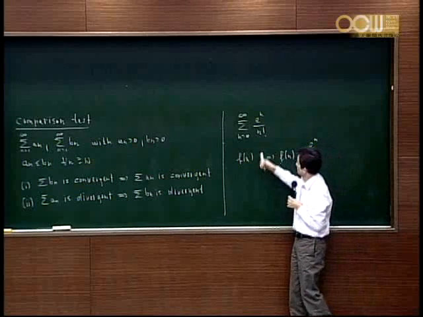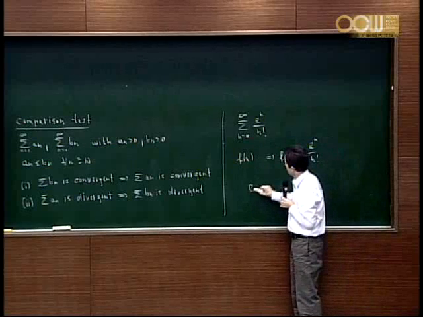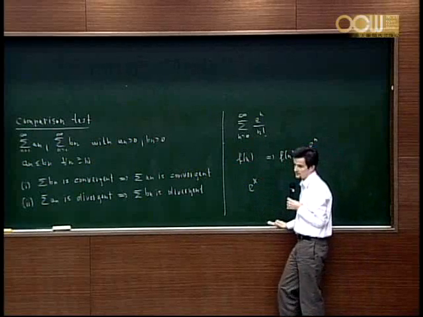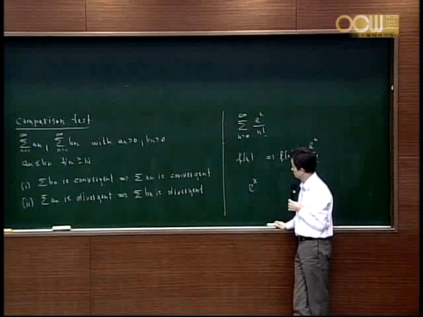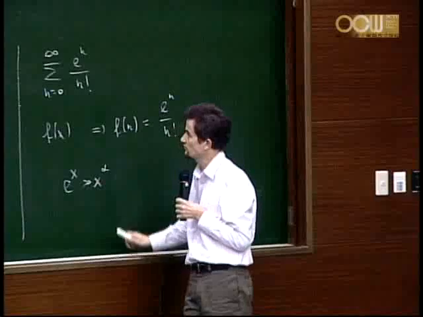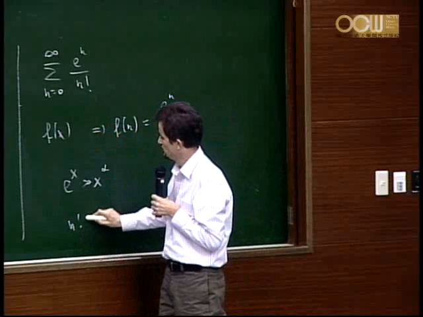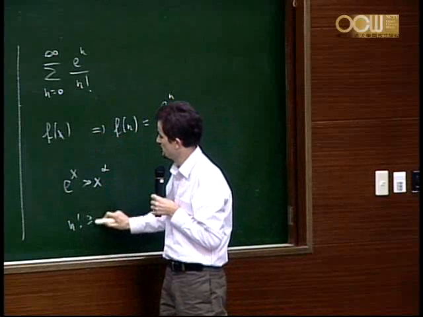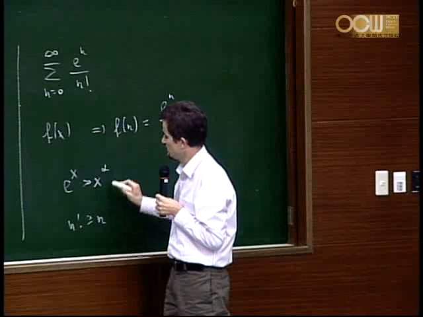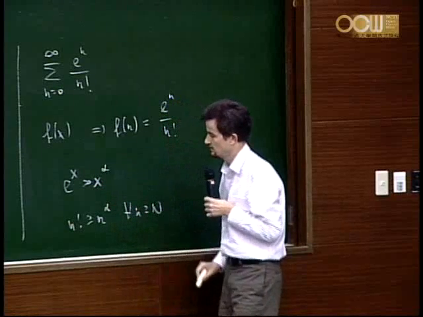We saw last time that a function like e to the x, as x tends to infinity, tends to infinity much more quickly than any power function. The same is essentially true also for the factorial. Normally the factorial will be larger or equal than any power function for all n which are large enough.